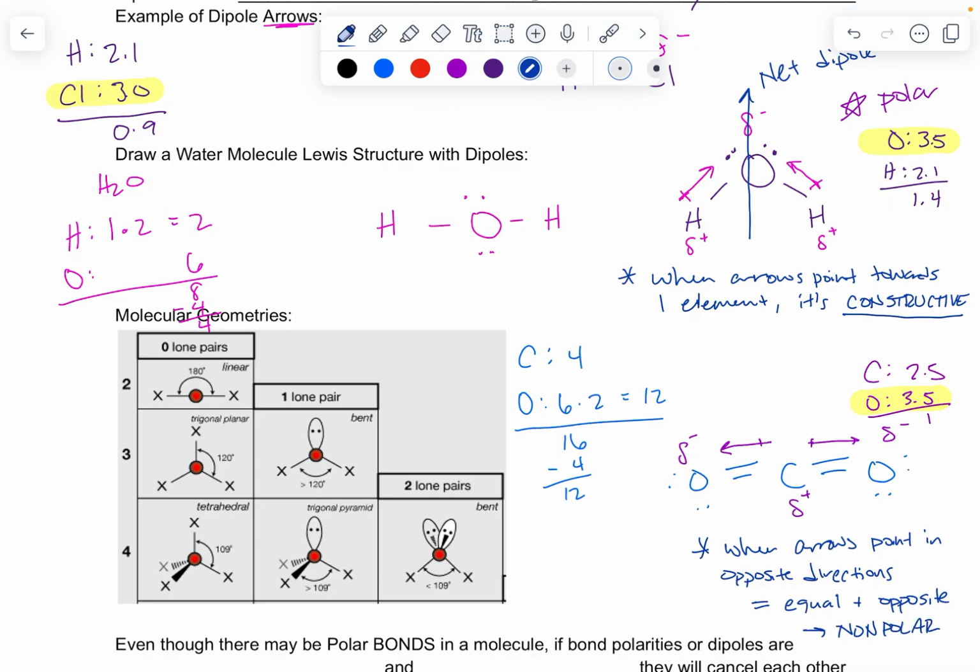Okay, so the takeaway from this is that, hey, we have polar bonds right here, but this entire molecule is not polar. This entire molecule is non-polar, versus up here, this molecule was polar. So that's how we can look at these molecules and decide if they're polar or nonpolar.